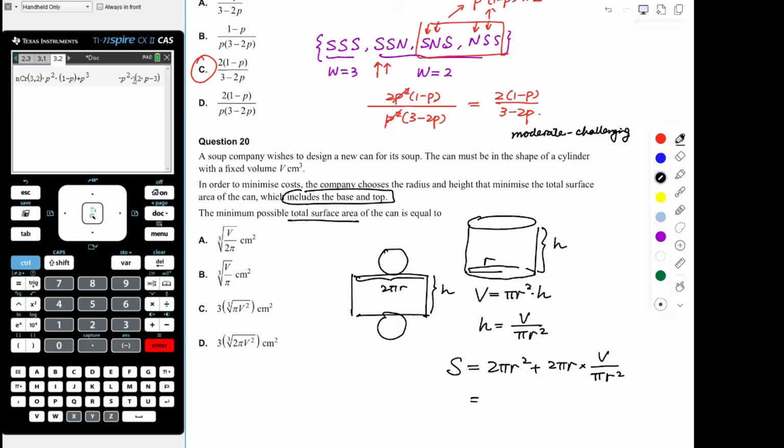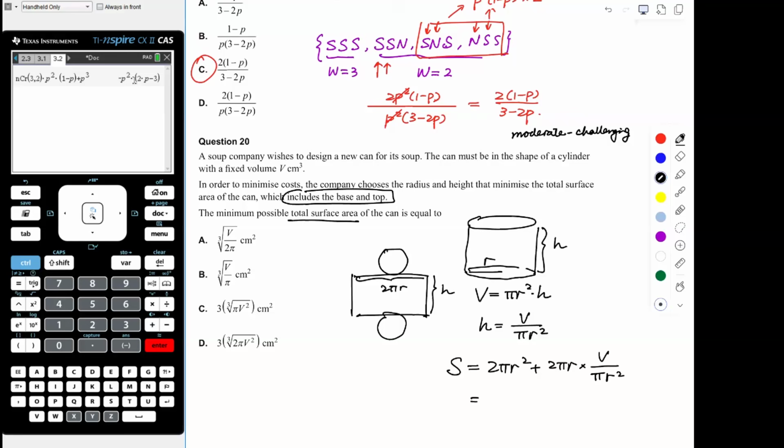And that gives me 2 pi r squared plus 2V divided by r. Then, in order to minimize this, I would say f minimum of 2 pi r squared plus V divided by r, comma r. So you would get this value, 2v to the power 1/3 divided by 2 times pi to the power 1/3. But that's the r value.